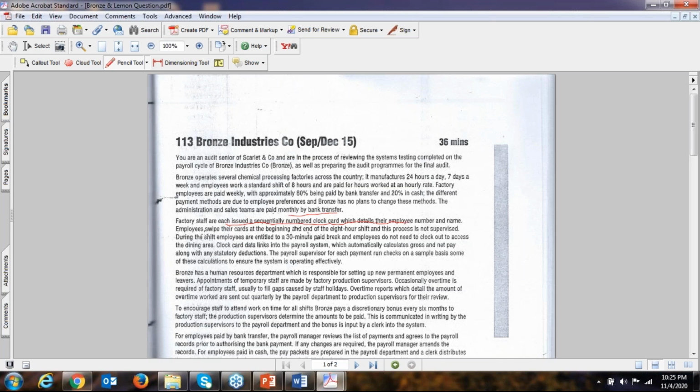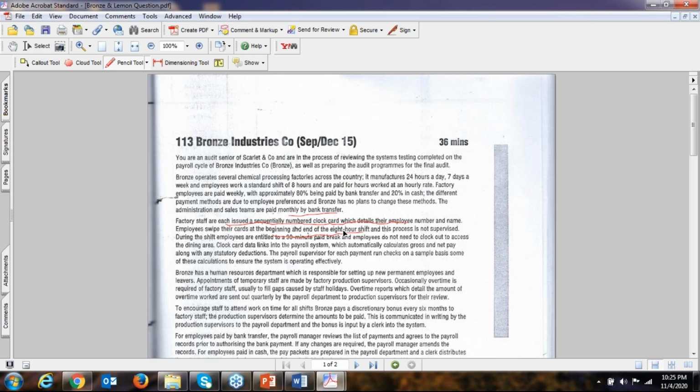Employees swipe their cards at the beginning and end of the 8-hour shift. This is the complete key control. So what you need to mention, just copy this line and paste it in your answer. This is the key control.